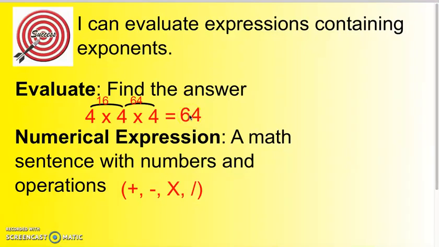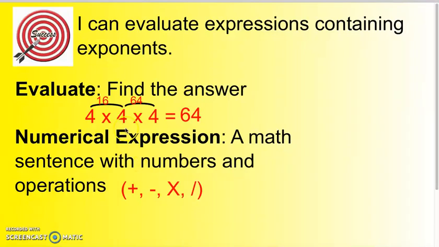Now remember, an expression is kind of like just a math sentence. And it's just like when you read a book, you have letters that make up words, which make up sentences. Well, just like math, you have numbers, and you also have operations, which are adding, subtracting, multiplying, dividing. You have those put together to make up a math sentence.